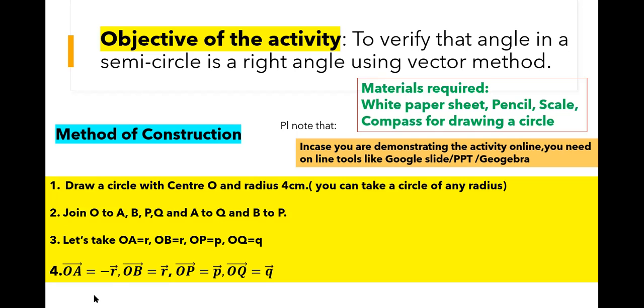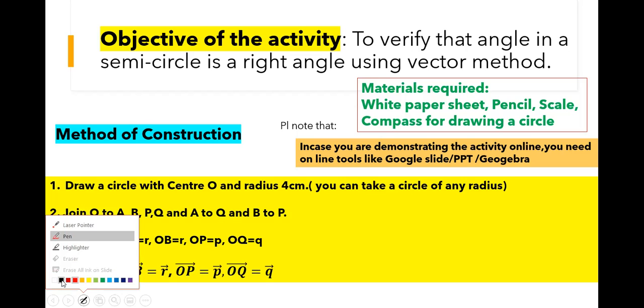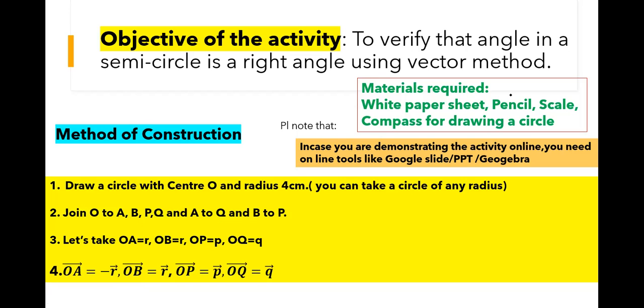The procedure that I have written here, the method of construction, is: first of all we take one circle. We have to draw a circle. The way it is written, I will be drawing here, but in the next slide I am showing this.